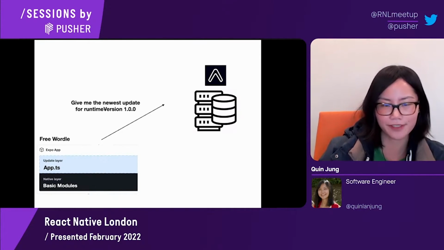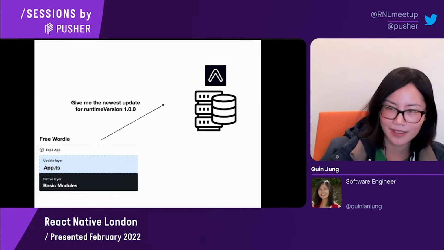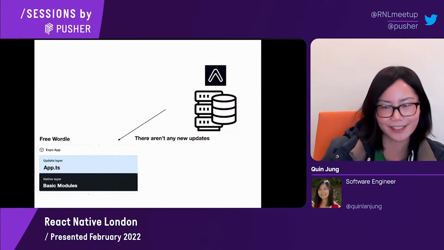In the case of free Wordlers, they're going to ask the servers for the newest update for runtime version 1 because they have a different native layer. And we're going to do the correct thing this time. And we're going to say, hey, there aren't any new compatible updates. So what will end up happening is that the free Wordlers will just continue on with the original code they have.